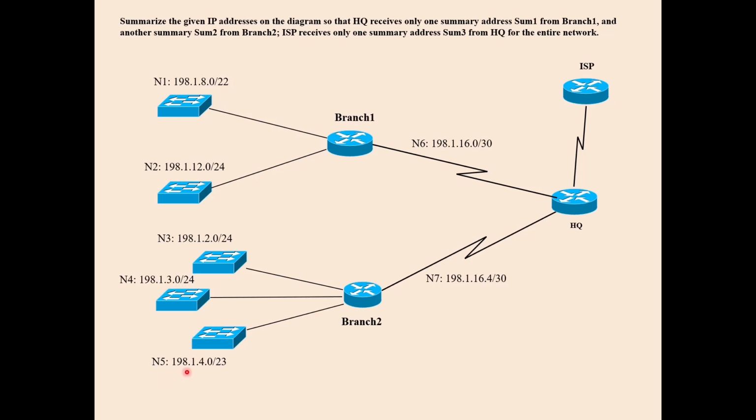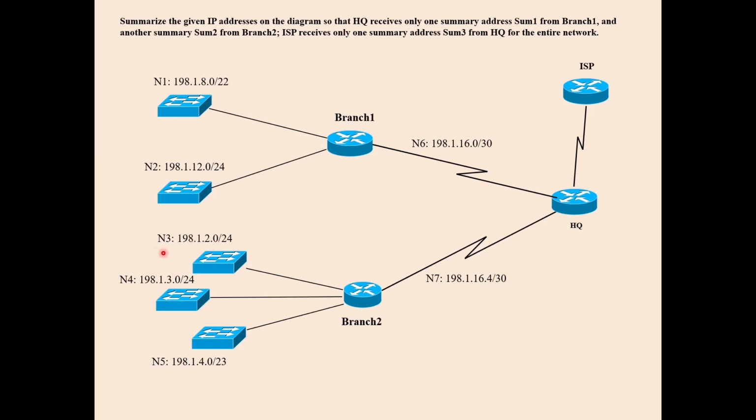N5 is 108.1.4.0/23. To figure out the summary for those 3 networks, we only need to compare the lowest network number with the highest network number. Then the middle network will be covered.